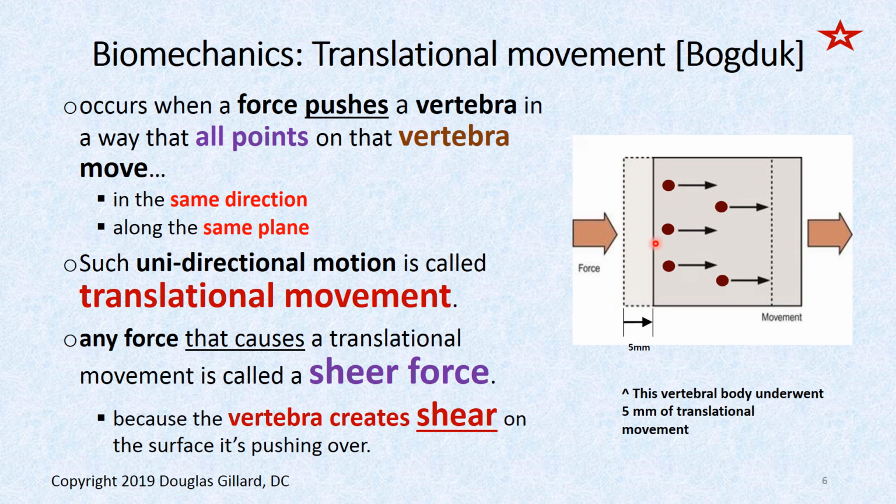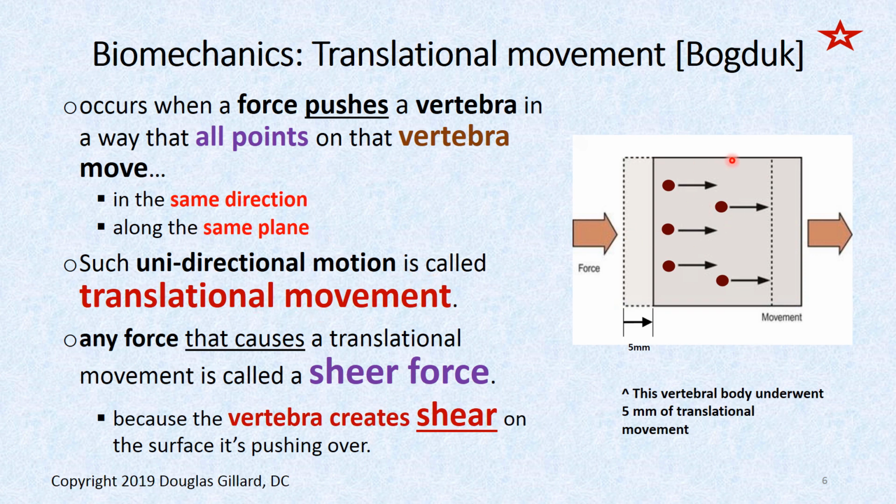So you can pick any point you want in this block, and when the force pushes it forward, if all those points go in the same direction and in the same plane, you have a translational movement.